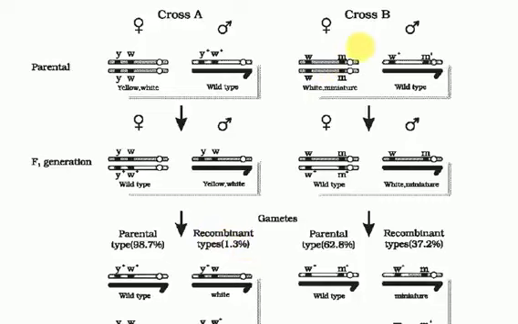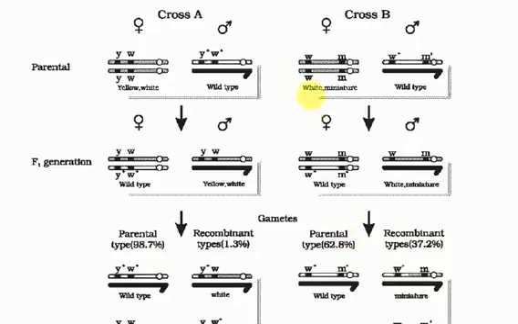In the second case there is a little bit low linkage because the genes are present quite far from each other. That's why in F1 generation the parental type individuals are 62.8, which is quite less as compared to this one. So we can conclude that Y and W are more linked as compared to W and M. Okay, so there will be more recombination in W and M as compared to Y and W. So here the recombinant type individuals are more as compared to the first cross.